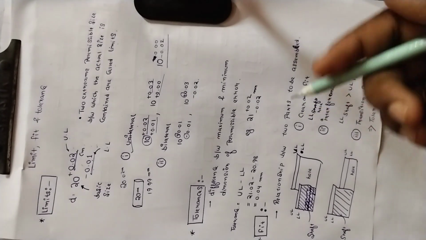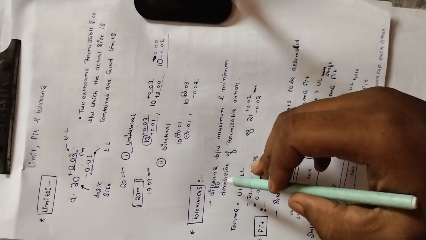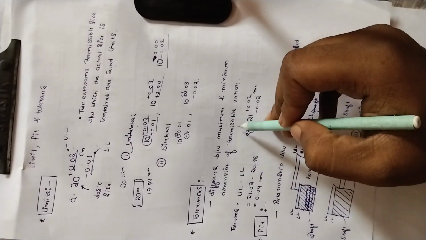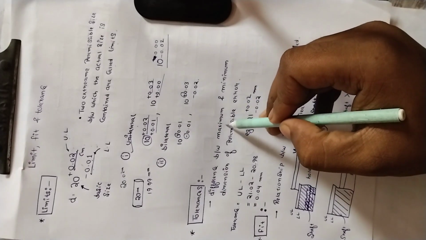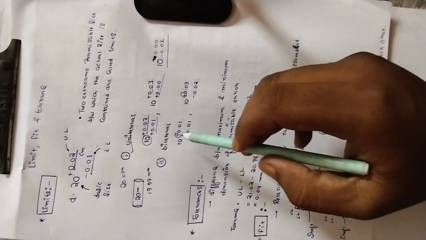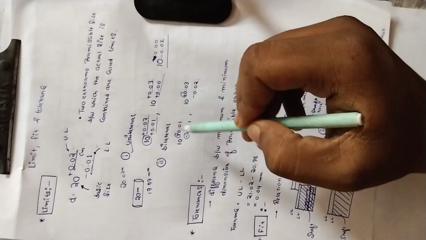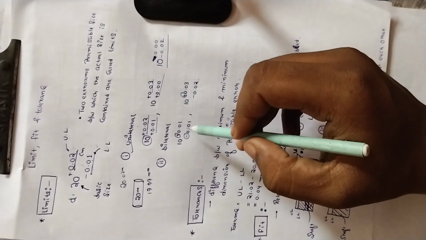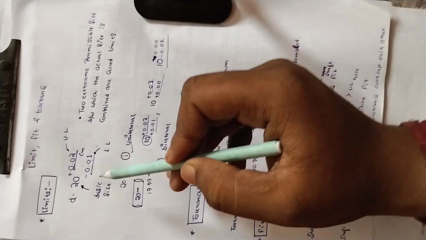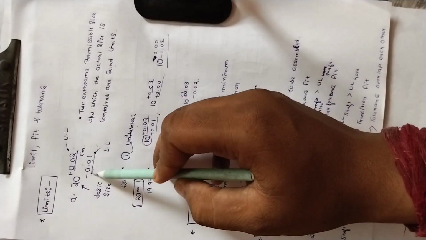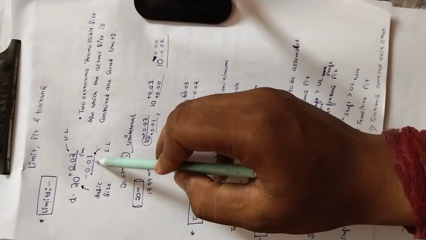So what is tolerance? In simple language we can say it is the difference between the maximum and the minimum dimension, the permissible error. Whatever we have learned about limits, the difference between the limits is known as the tolerance. Just now we said that the upper limit can be 20.02 and the lower limit can be 19.99.